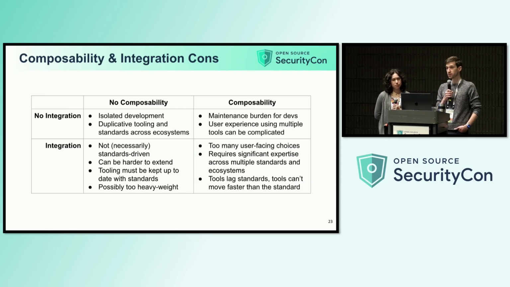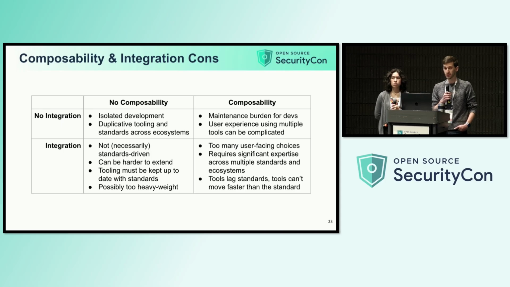So there's downsides with each of these strategies, and that come at each point in the development of our tooling in an ecosystem. Without composability or integration, there may be duplicated efforts across ecosystems. With only composability, where we need additional tooling to build SDLC pipelines, there's a risk to overburden maintainers with the maintenance of all these smaller tools.